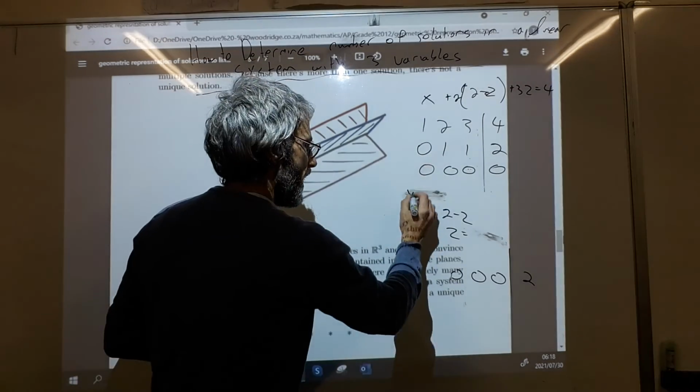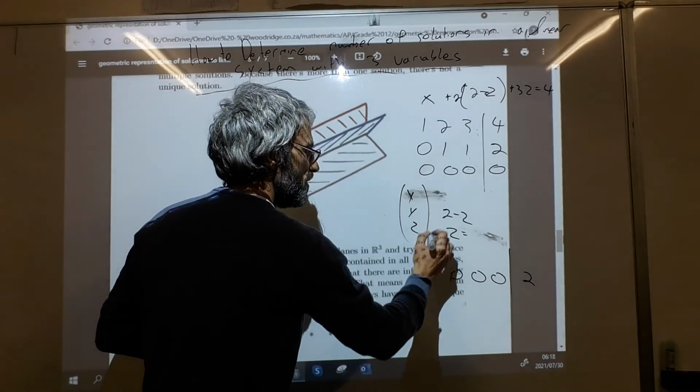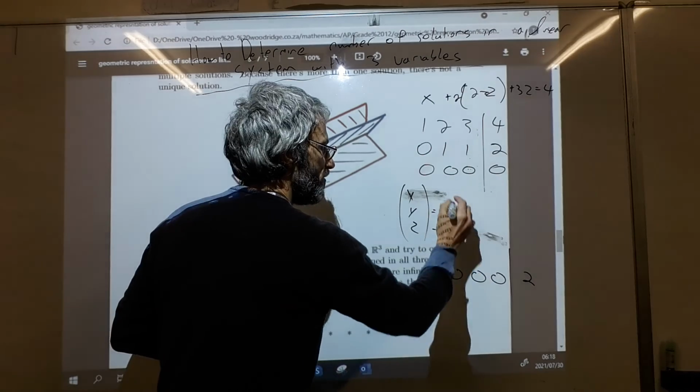So basically X, Y, and Z are equal to some kind of function of Z.